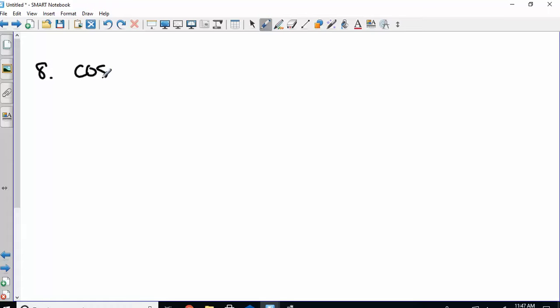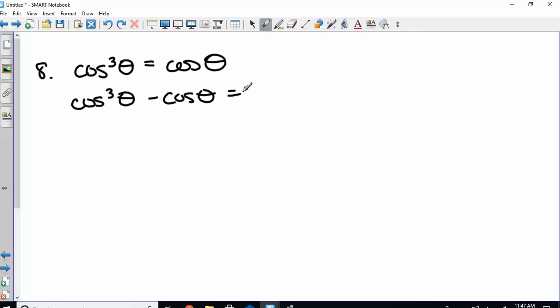So number 8. Can I just divide by cosine theta? No, never divide by a trig function. Instead, we will subtract it over. So then you can pull out a cosine theta.